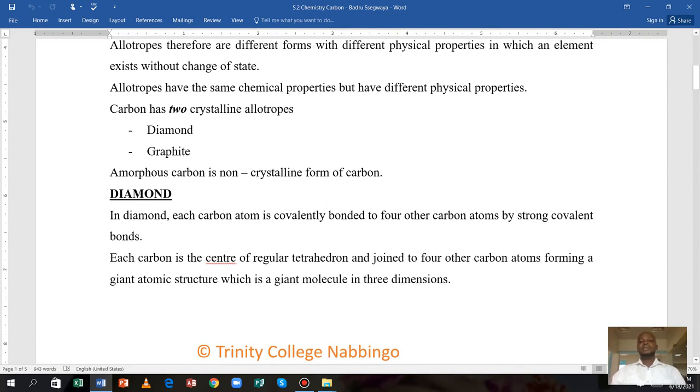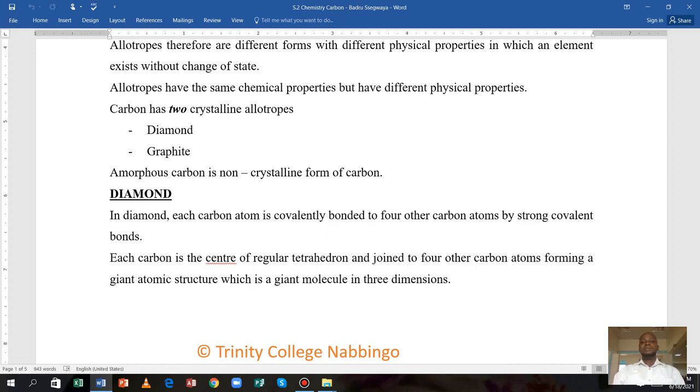Beginning with diamond, its structure. Diamond is made of carbon atoms only, and these carbon atoms occupy the corners of a regular tetrahedron. Each carbon atom is bonded to 4 other carbon atoms in a tetrahedral shape.